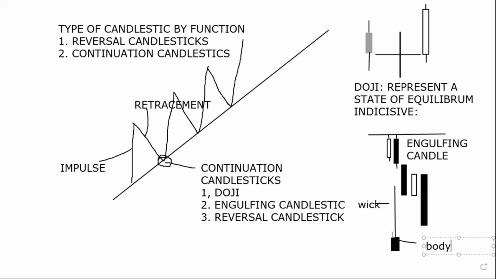Now, what it means is that the buyers pushed to this point, but within the time frame of this candle, the sellers came and took over the power and pushed the buyers back, because the buyers started here, to a third of the body, and created a head, which is the body.